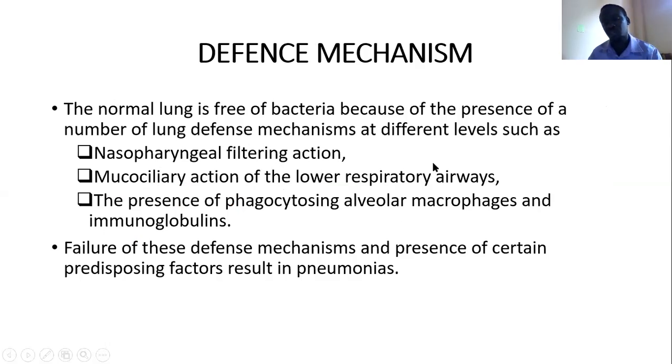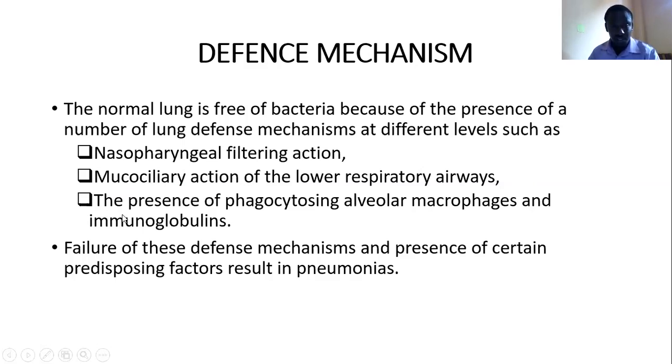The lower respiratory airways have a ciliated epithelium that causes a flipping effect when microbes or other foreign bodies land in the lower respiratory tract. So the cilia flip the mucus upwards so that when it reaches the upper respiratory tract, it can be coughed and spit out.